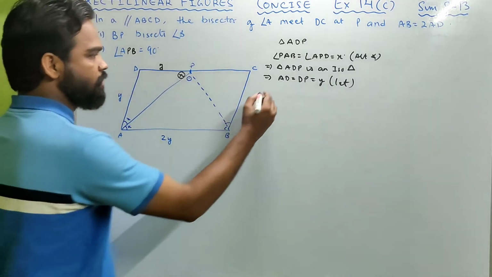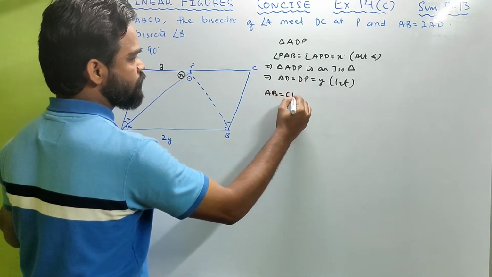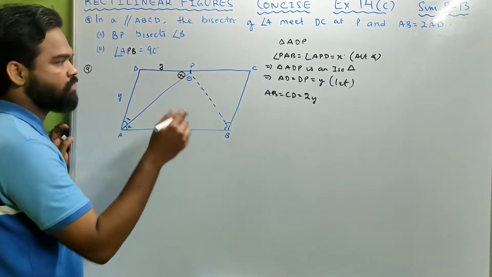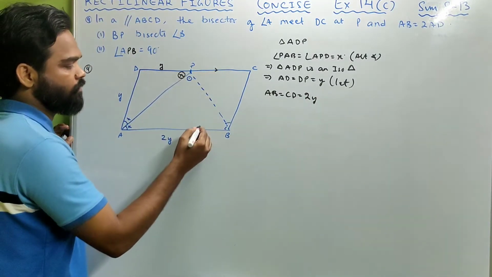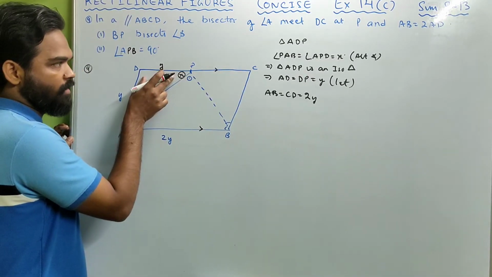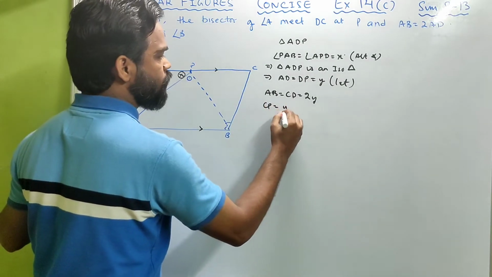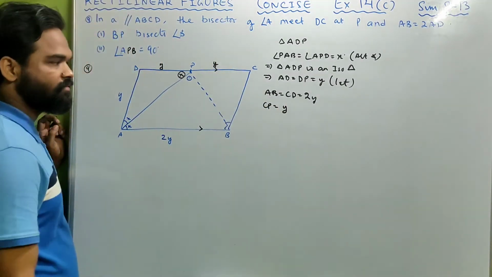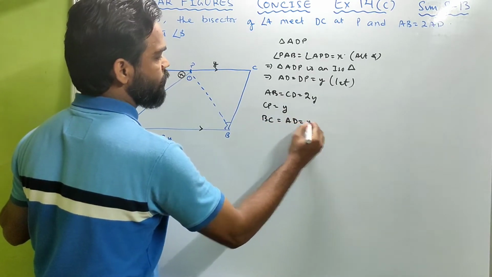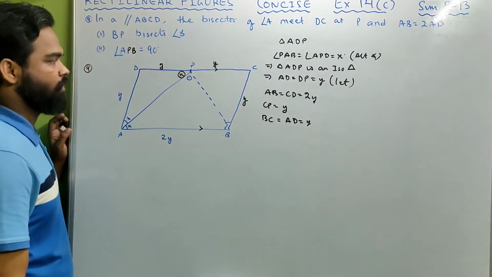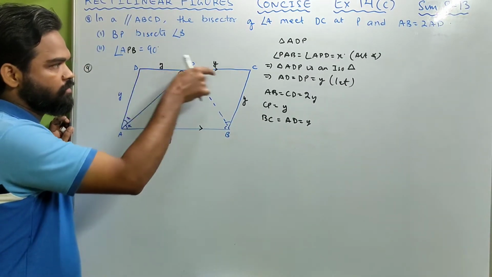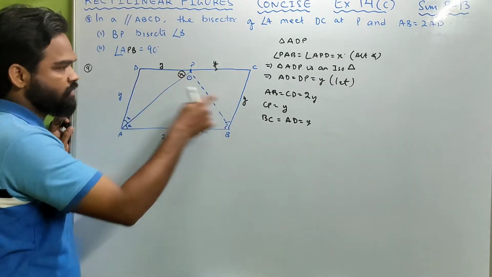Now, AB is equal to CD equals 2y. AB and CD are opposite sides and they are equal in a parallelogram, okay? So if this is 2y, this is 2y. If this portion is y, then CP will also be y. No doubt in that. BC, of course, is equal to AD is equal to y. Very easy. This was 2y, this was y, this is y.